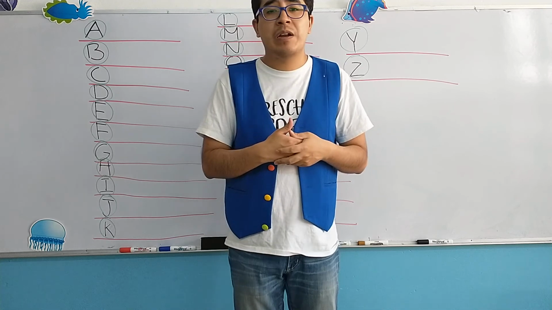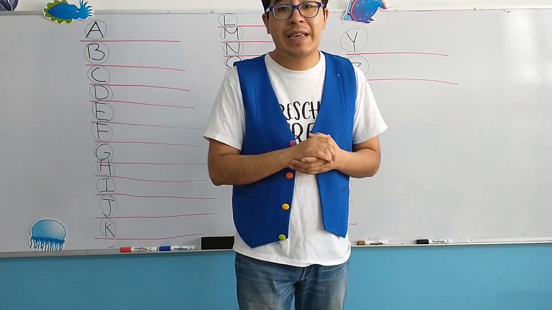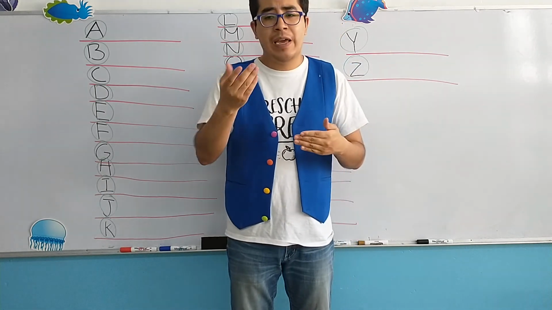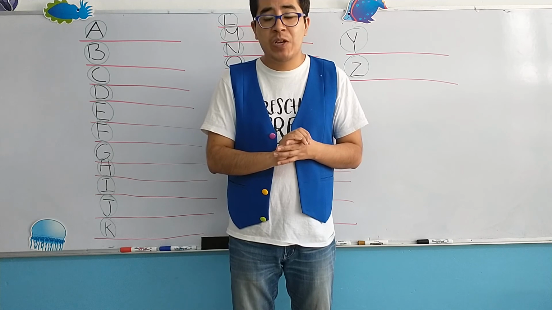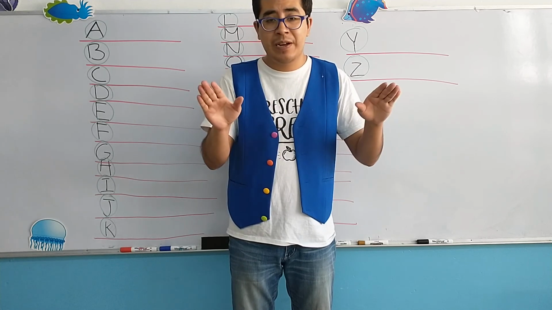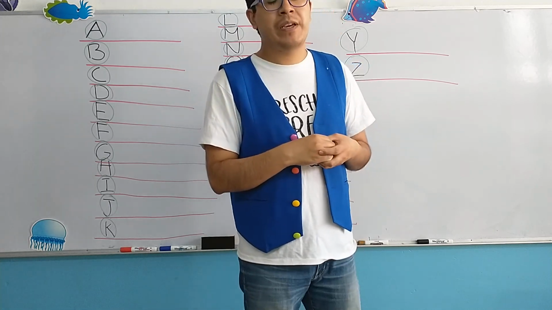Por eso es muy importante seguir trabajando con las letras, el reconocerlas, el escribirlas, ¿ok? Ahora, primero vamos a hacer un repaso completo de todas las letras, las vamos a decir, y al final les voy a explicar la segunda actividad.